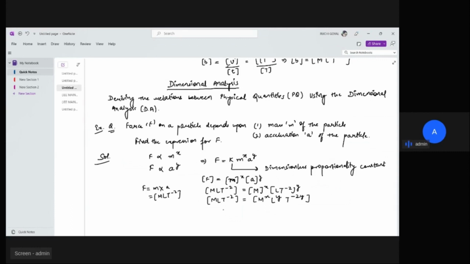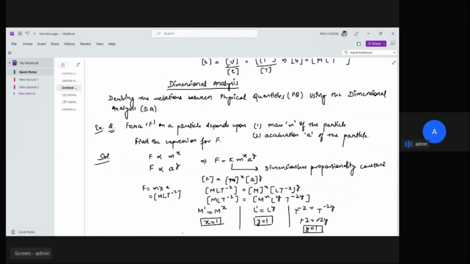Now comparing both sides: M^1 is equal to M^x, so x will be equal to 1. L^1 is equal to L^y, so y will be equal to 1. And comparing T also, minus 2 is equal to minus 2y, so y will be equal to 1 from here as well.